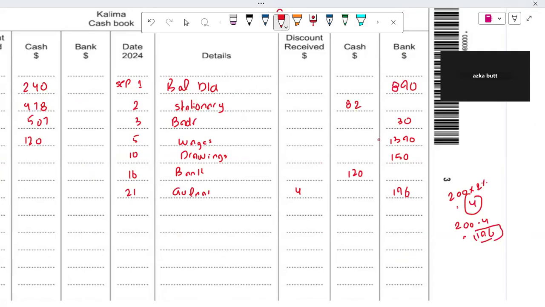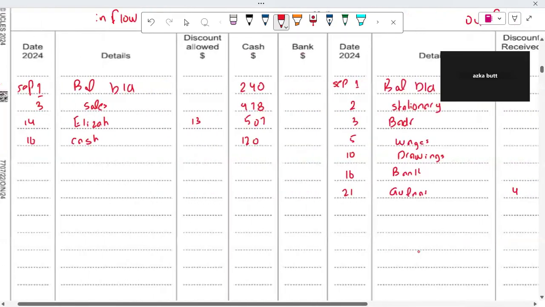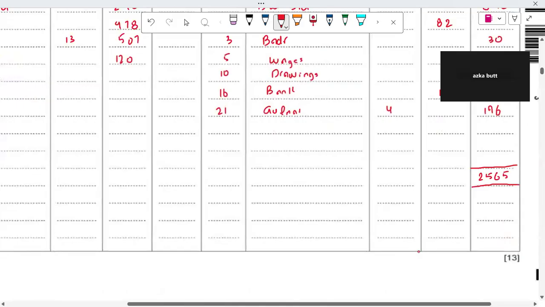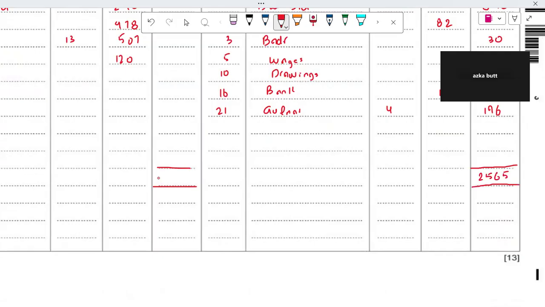This is equal to 2565. Okay. And you need to write it here as well because here there's nothing in the bank account. The debit side is the shorter side for the bank column.